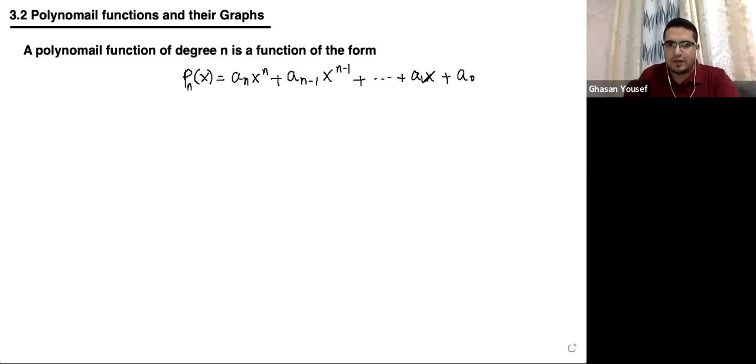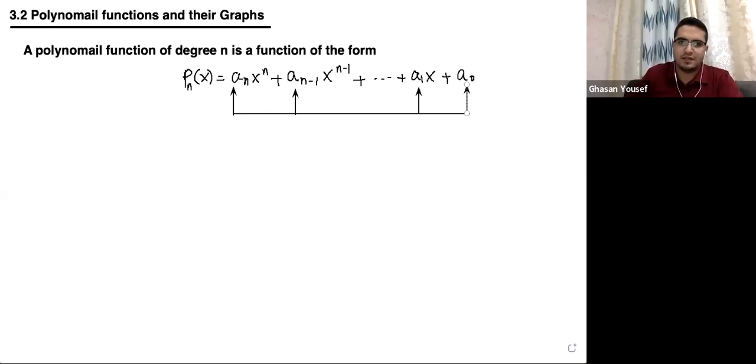a n minus 1 to a1, a0, all of them are called coefficients of this polynomial. So all of the a's are the coefficients of this polynomial. And also we should know this n is a non-negative integer, and we should know a n here is not equal to 0.